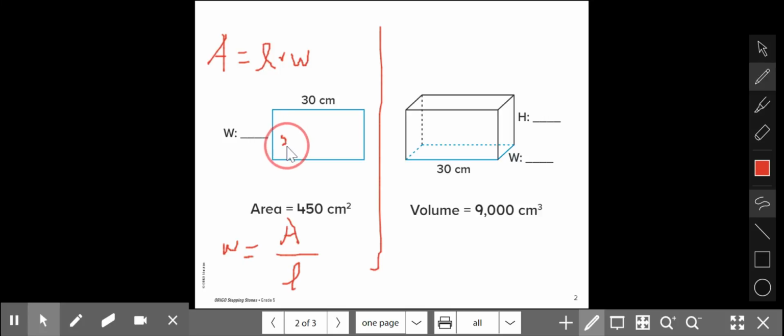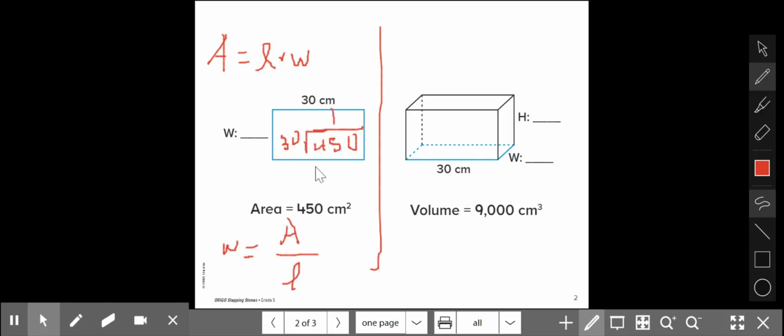Let's try that out. 30 goes into 450. I'd love to teach you the shortcut. My shortcut is, if our number ends in a zero, my divisor and my dividend can both lose a zero, so I can eliminate a zero there. Let's just pretend that it is there for now. 30 doesn't go into 4, but it does go into 45.